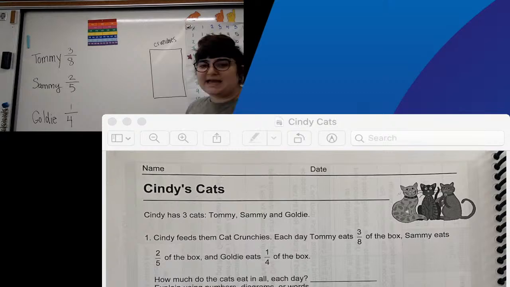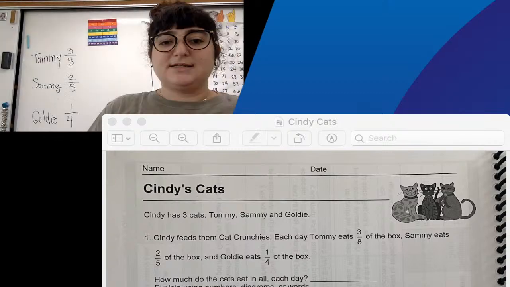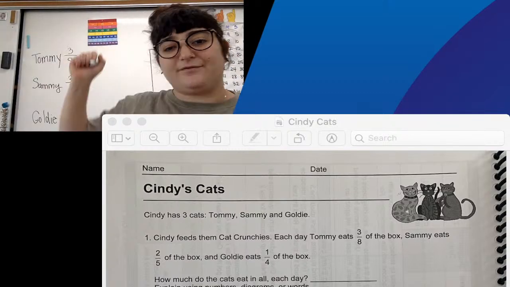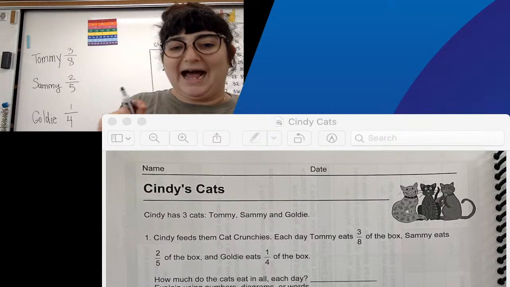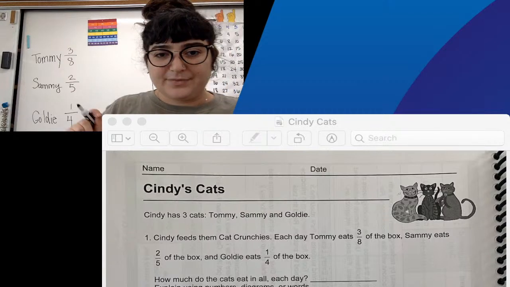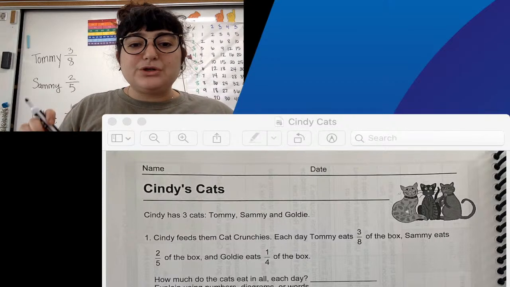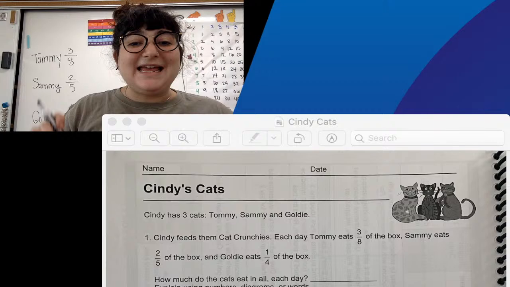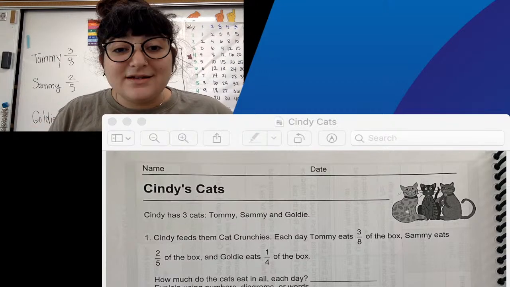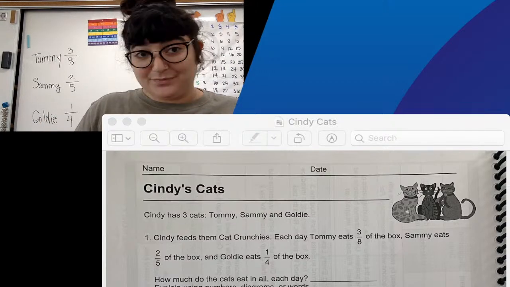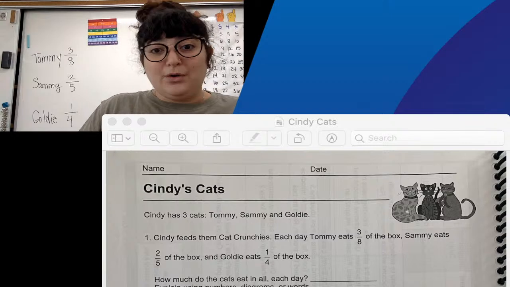Now, the first thing I want us to know is, now that we have that information, what is this question asking us? Well, let's look below. How much do the cats eat in all each day? I'm going to read that one more time.